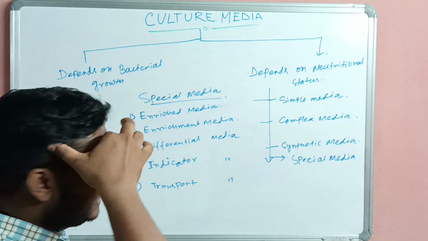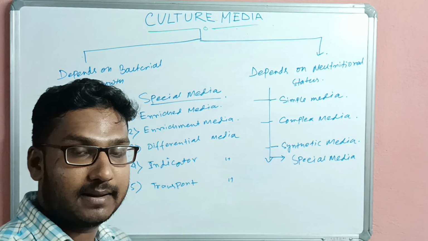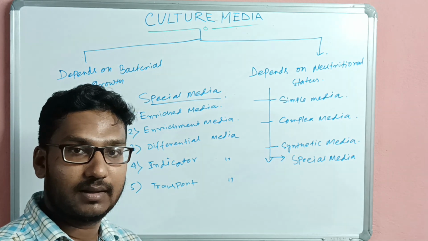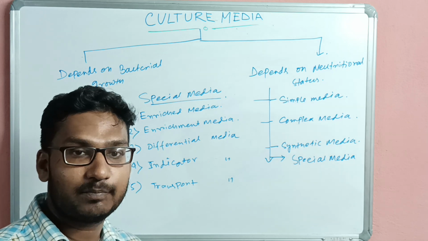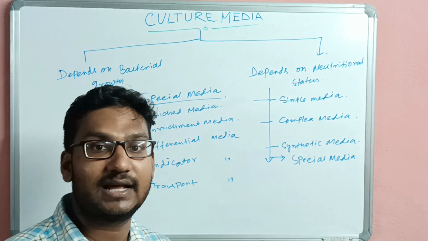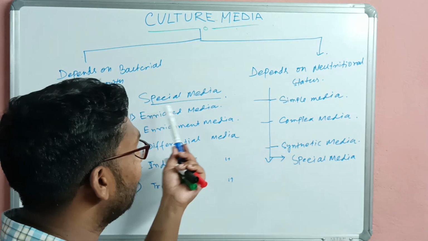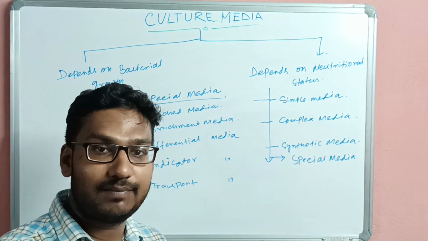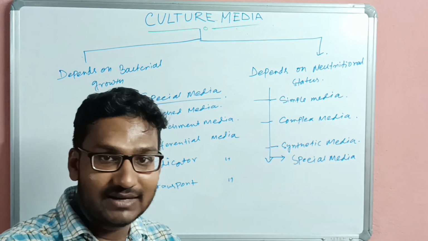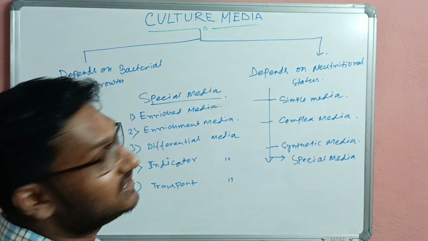Now comes to the enriched media. Enriched means extra nutrition. Few fastidious organisms need extra nutrition for their growth. In the normal simple media, if we add blood or egg albumin as extra nutrition for the growth of the bacteria, these are called enriched media.